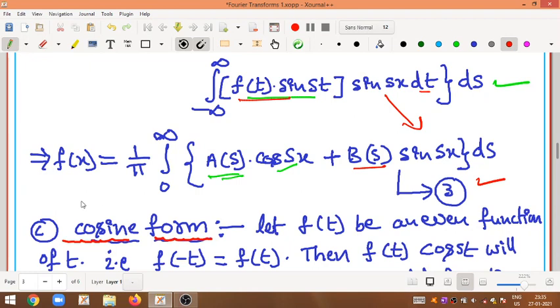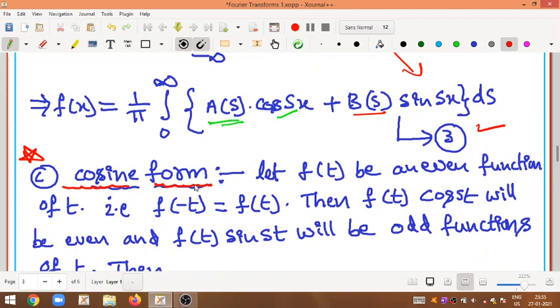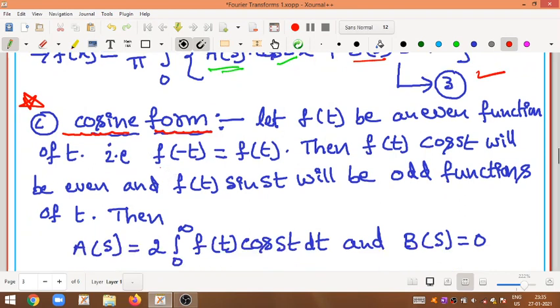Next, the third form, the cosine form. This is very important. Let f of t be an even function of t, that is, f of minus t is equal to f of t. Then f of t into cos st will be even, and f of t into sin st will be an odd function of t.